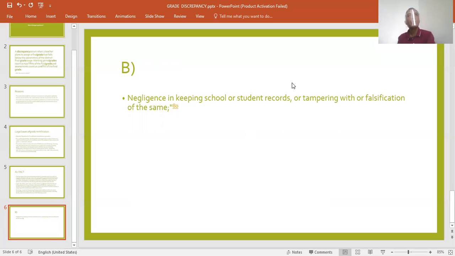And it is also a violation of the Code of Ethics for professional teachers. Unethical. You wanted to change because these grades of students are all different from one grade.